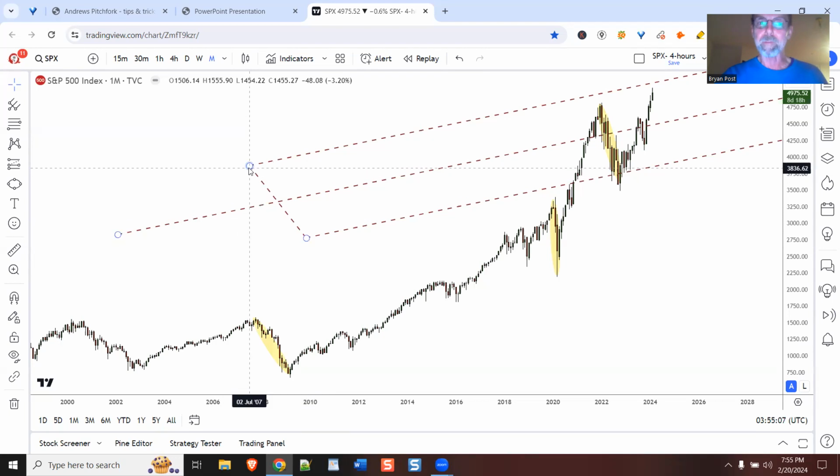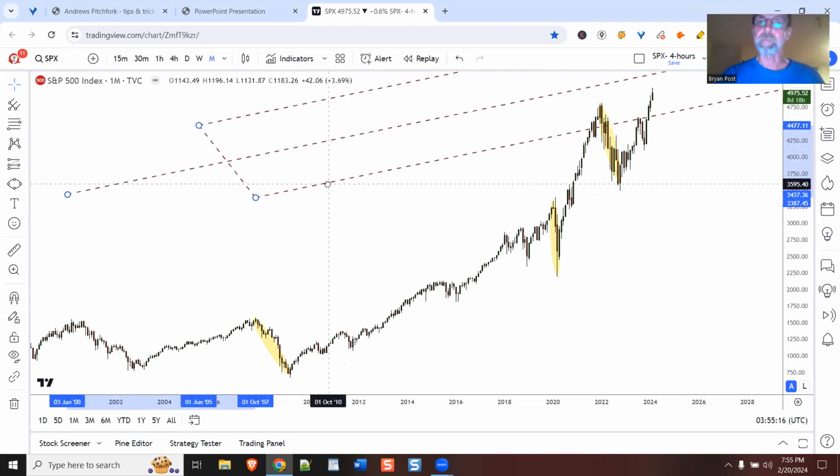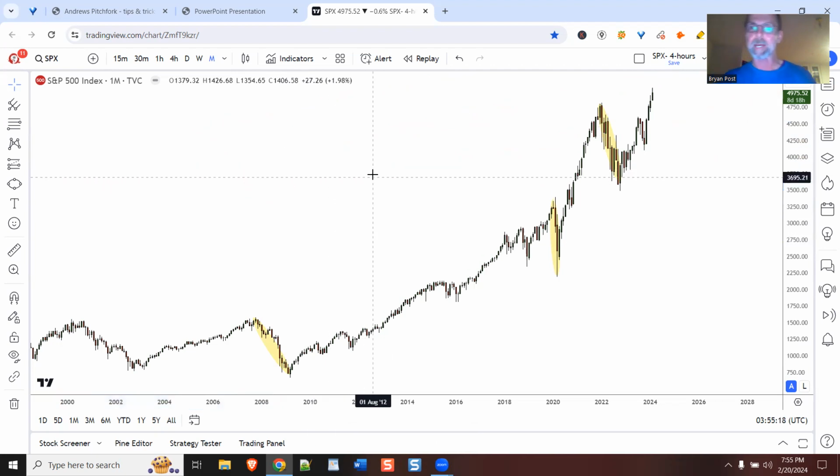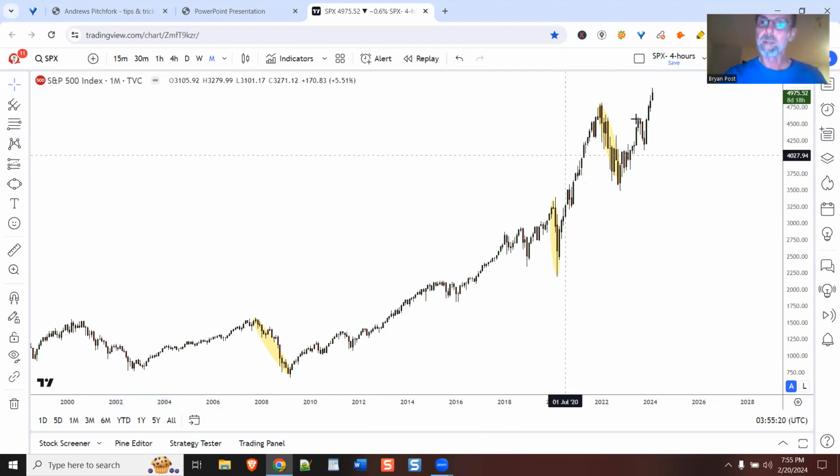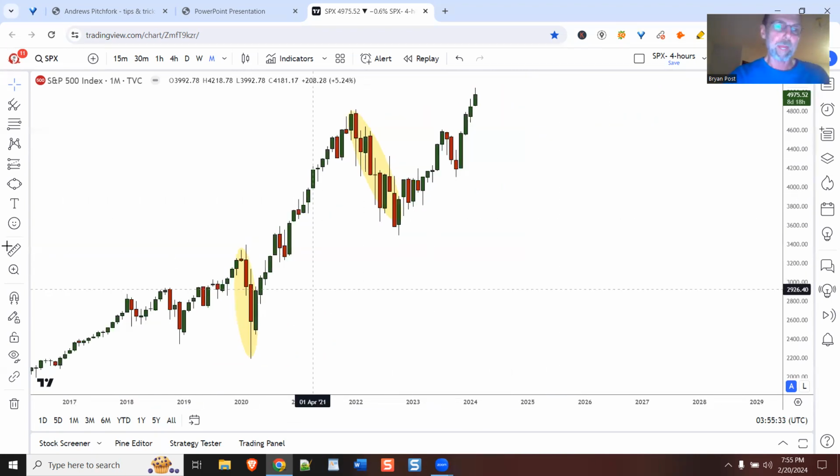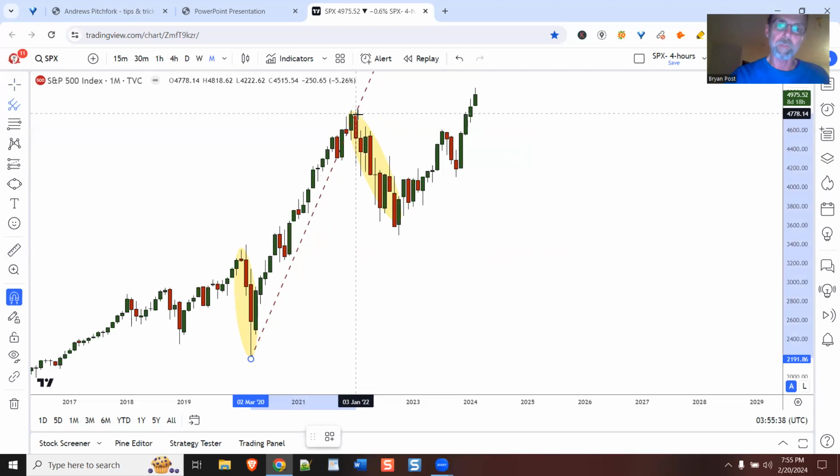And so I refer to this as the crossbar of the fork. And as I was saying, I've learned that a valid pitchfork is almost certainly going to have its crossbar coincident with one of these significant corrections. And so that was what we were just looking at. It was the first fork we drew.